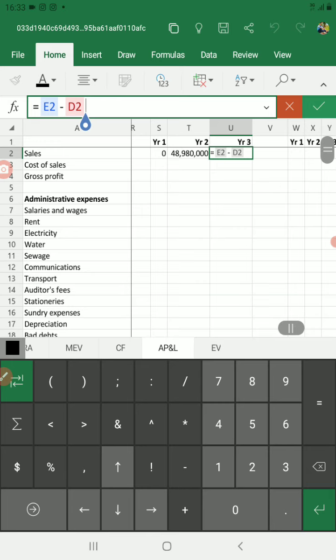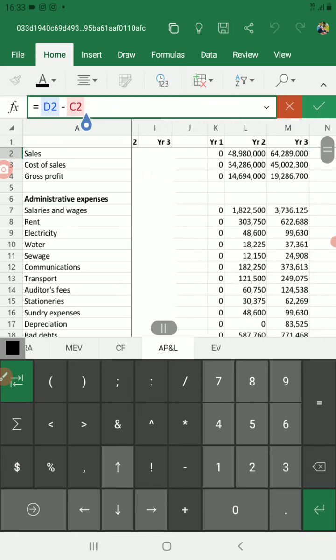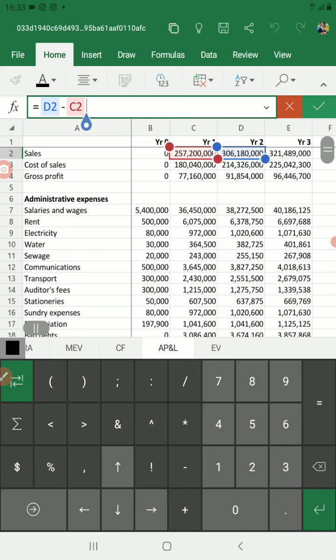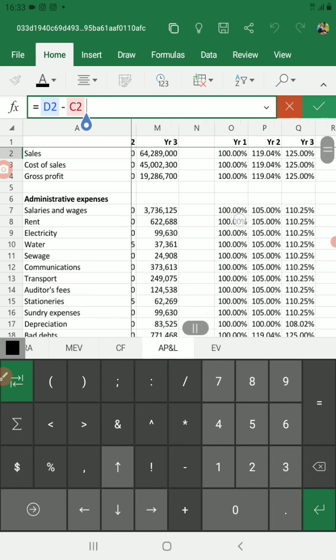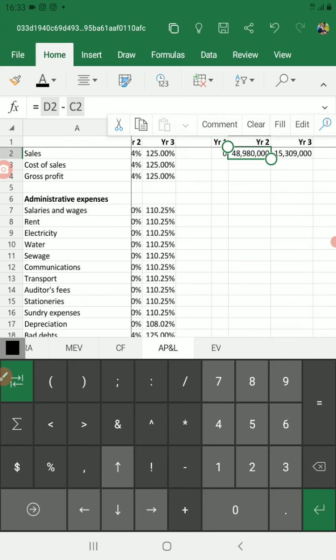And for year 2, if I click on the formula bar, we have taken the figure for year 2 minus the previous year, which is year 1. And year 1 is 0. This is the starting point, so it will always be 0 in absolute terms.